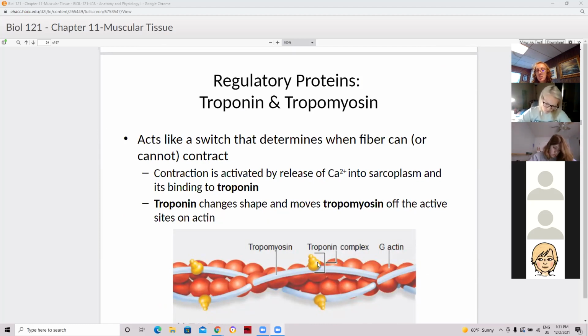When calcium binds to troponin, because the troponin's bound to the tropomyosin, the troponin shifts structure, changes structure. And when it shifts, because it's attached, the tropomyosin shifts too.